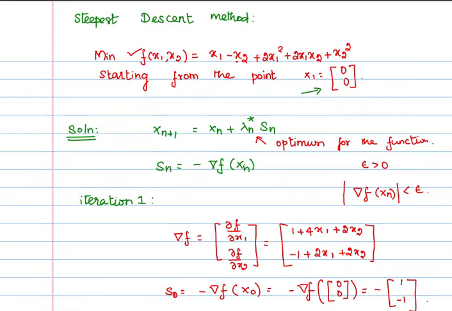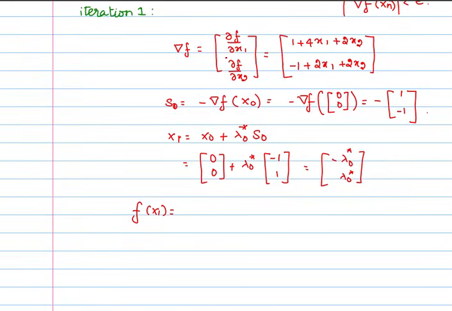We will get minus lambda naught star minus lambda naught star plus 2 times x1 square, that is 2 times lambda naught square, minus 2 times lambda naught square from the 2 times x1 x2 term, plus lambda naught square.